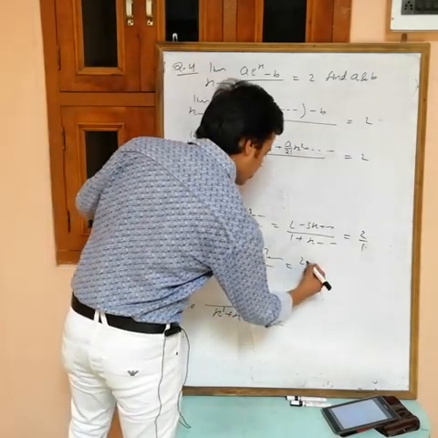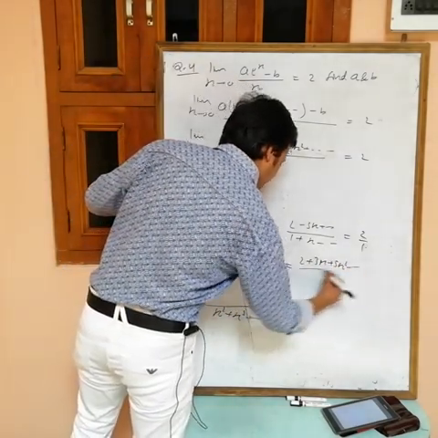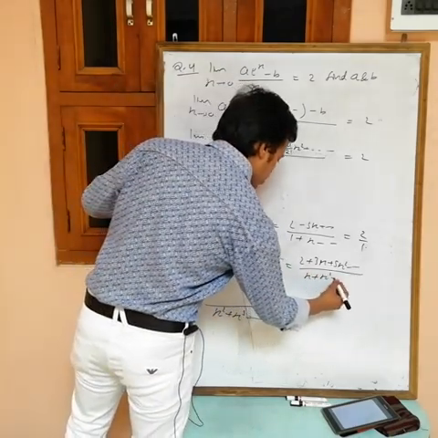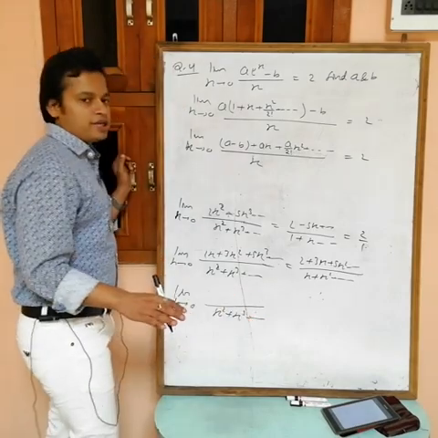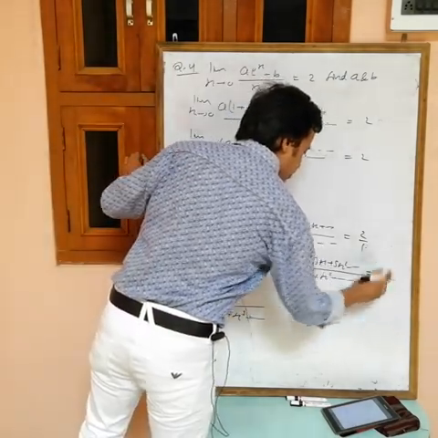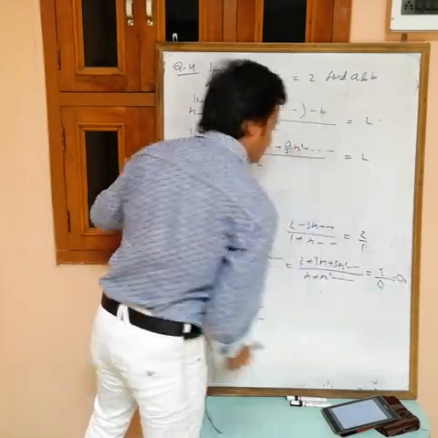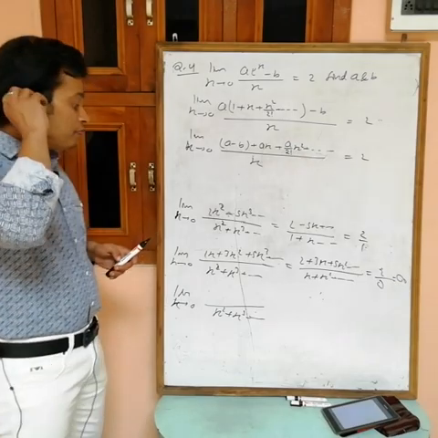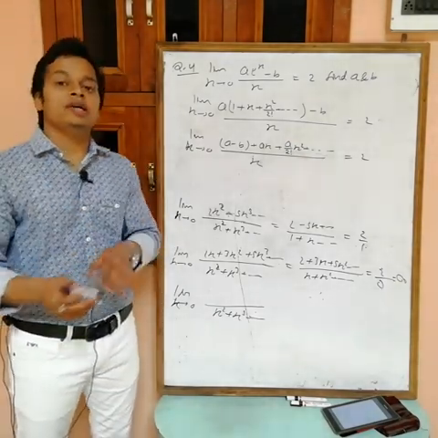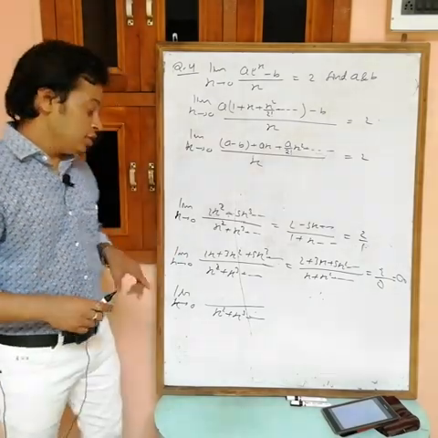So one x cancels out, and we get 2 plus 3x plus 5x square, and in the denominator x plus x square. Now put x equals to 0. In the numerator you will get 2 and in the denominator 0. 2 by 0 is infinity. So if the power of x in the numerator is less than the power of x in the denominator, then the value of the limit is infinity for x tending to 0.